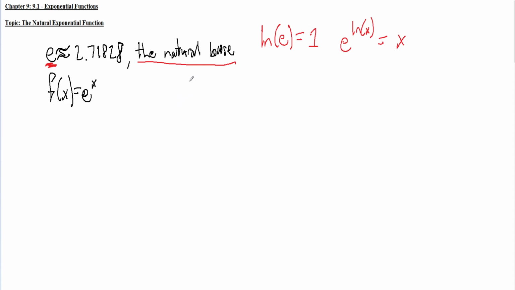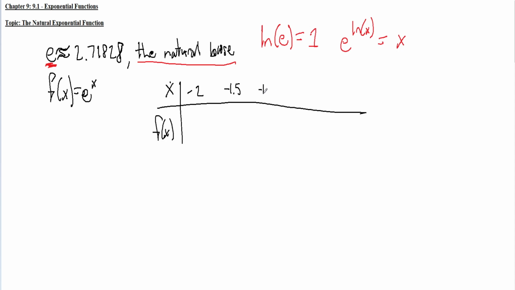So if I create a table here, and I go -2, -1.5, I can go -1, I'll go to 0, 1, and I'll stop there.